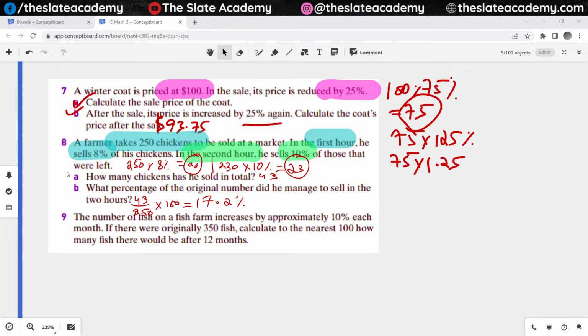No? So the farmer, initially he had how many chickens? Quickly, respond quickly. Initially he had how many chickens? How many did he sell out of that? What's 8% of 250? Calculate on the calculator. It's 20. 8% of 250 is 20.